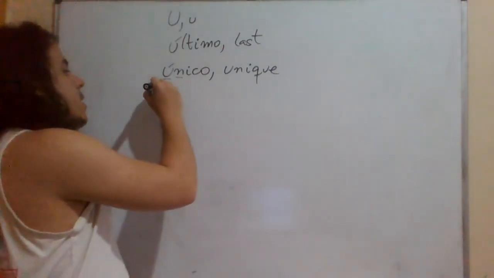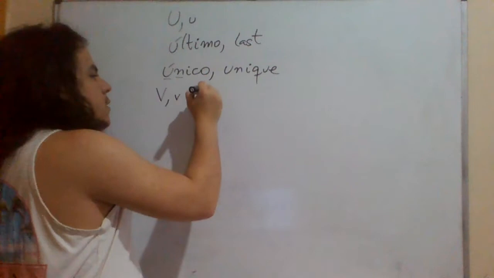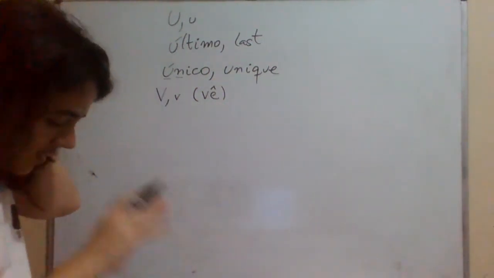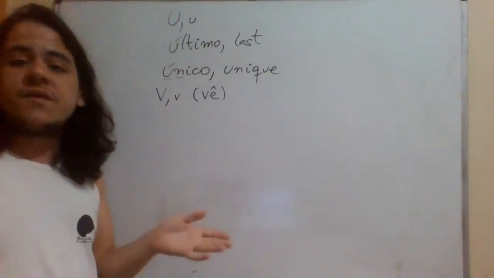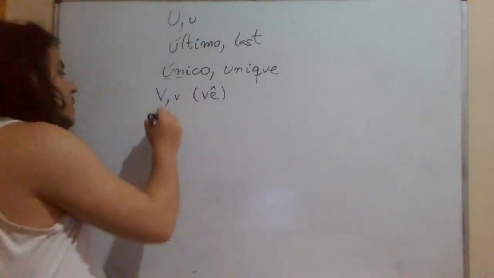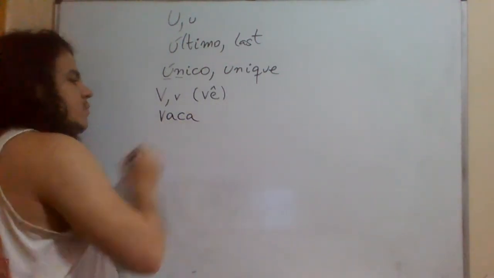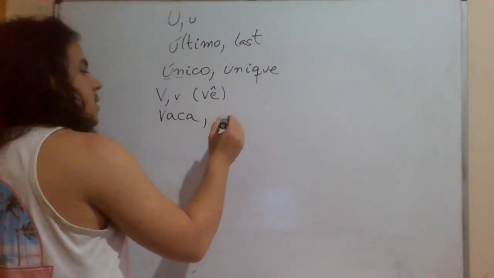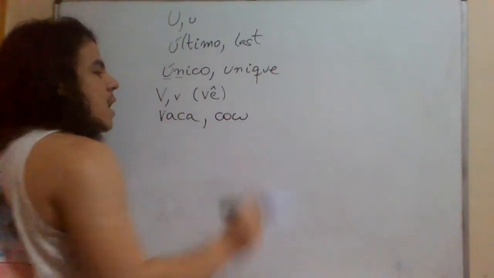Next letter, letter V. In Portuguese, V. It has the same sound as letter V in English. For example, vaca. Vaca, it's an animal. It means cow.